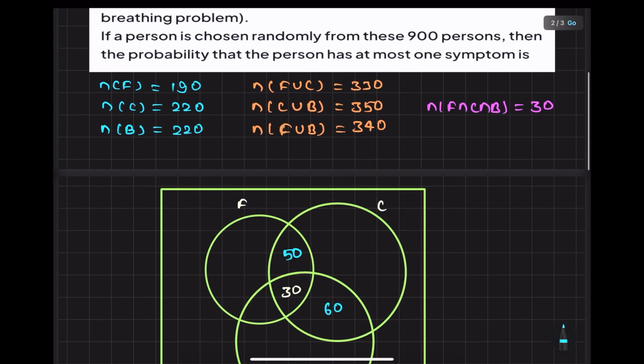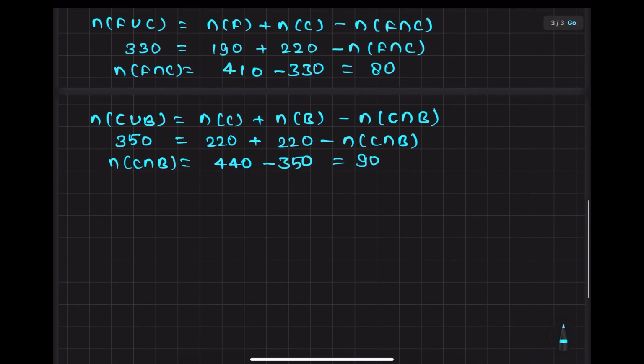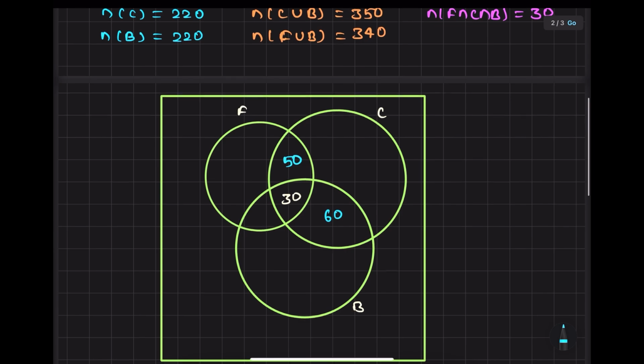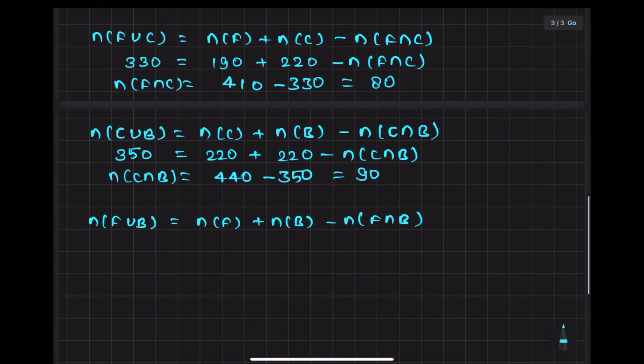Now we will go with F union B. N of F union B is N of F plus N of B minus N of F intersection B. N of F union B is 340.